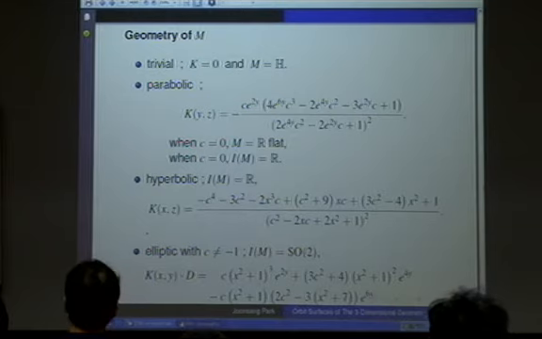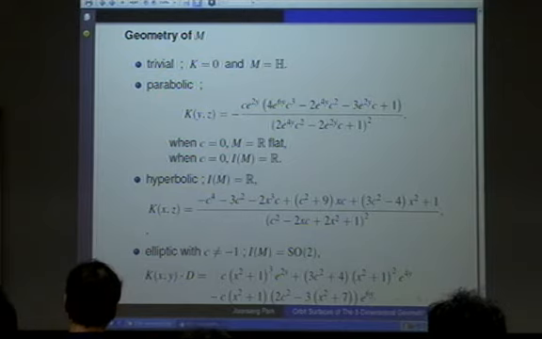So I have 2 minutes more. Okay, so the geometry of M is as follows. For the trivial case, we have the hyperbolic two plane, and for the parabolic action case, K becomes very messy.